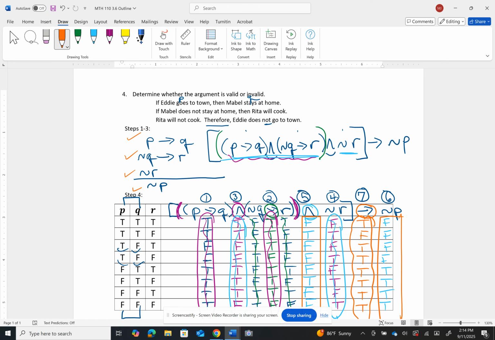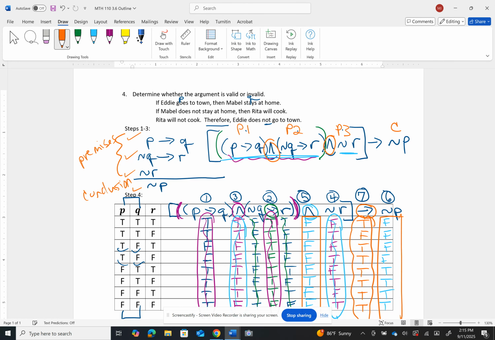And every single time, the premises are going to be hooked together with ANDs. There happen to be 3 premises. Here's premise 1, here's premise 2, here's premise 3. Those are the premises. And then we have the conclusion over here.